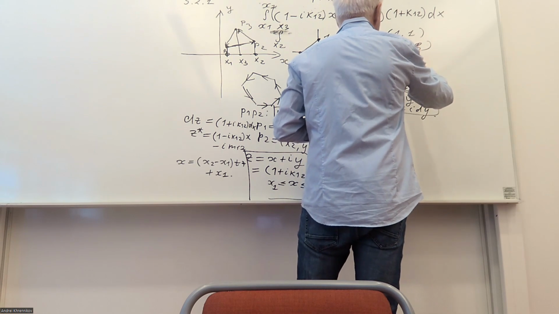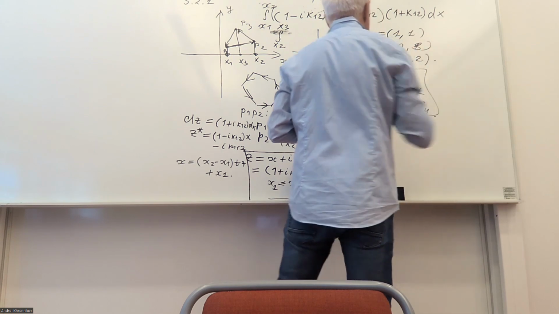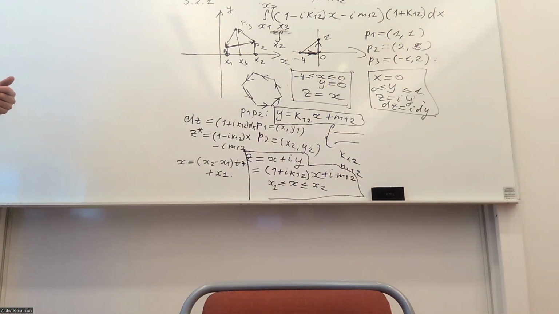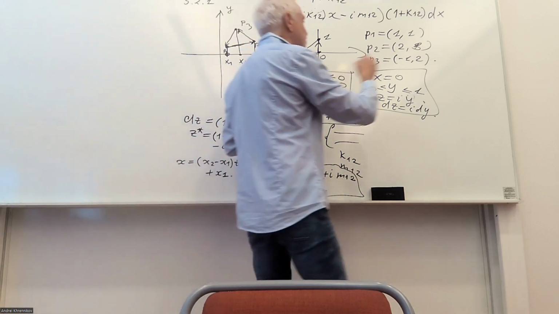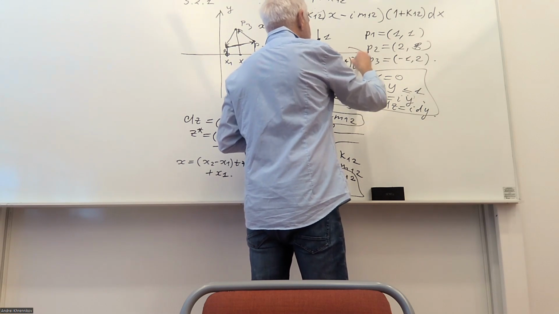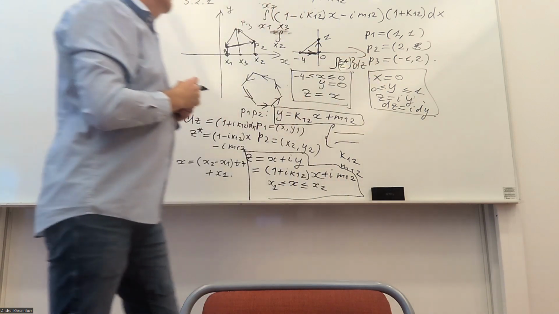For example, -1, 2. I hope that no points are on the same line. And for example, this function, the integral of z bar squared dz.